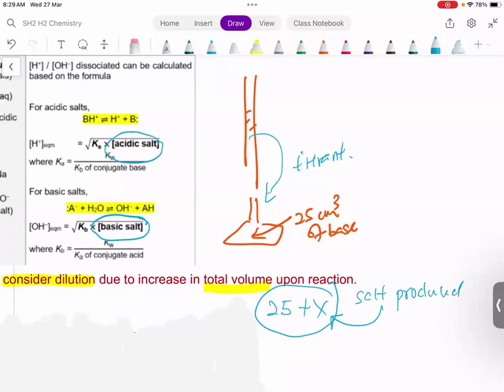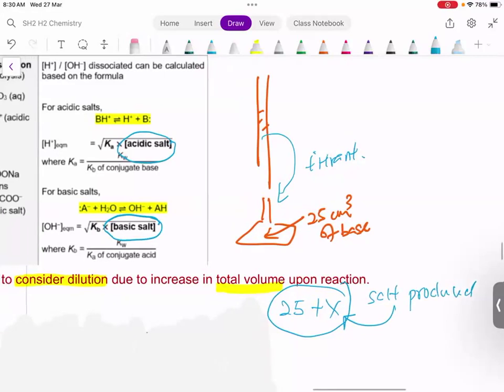So far, so good? Weak acid, weak base, meaning?